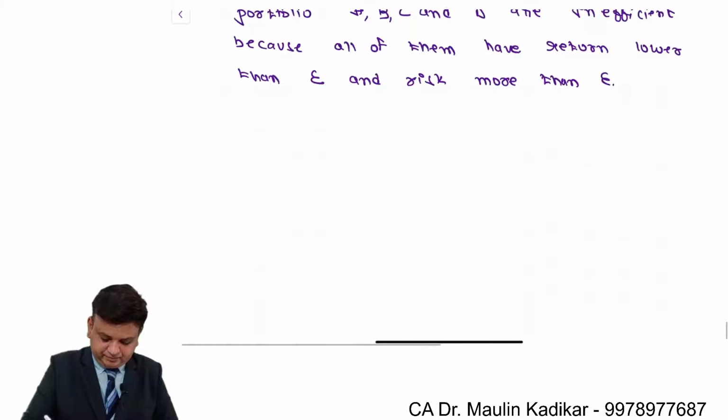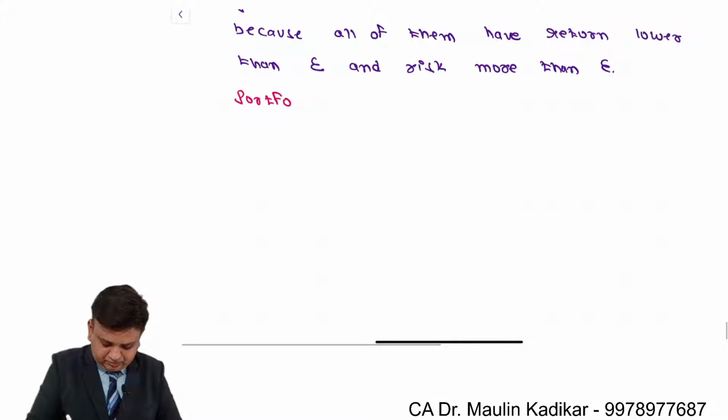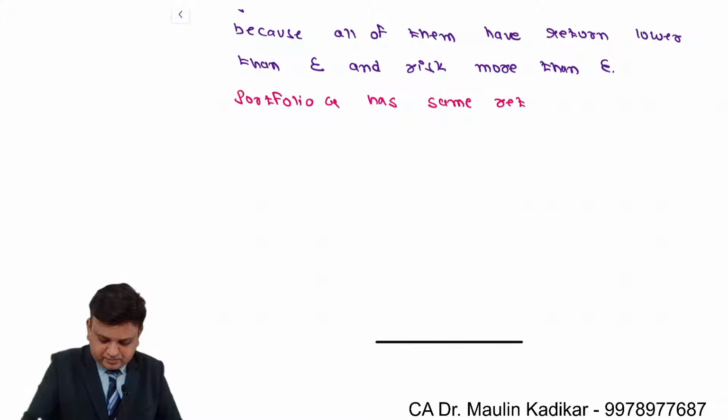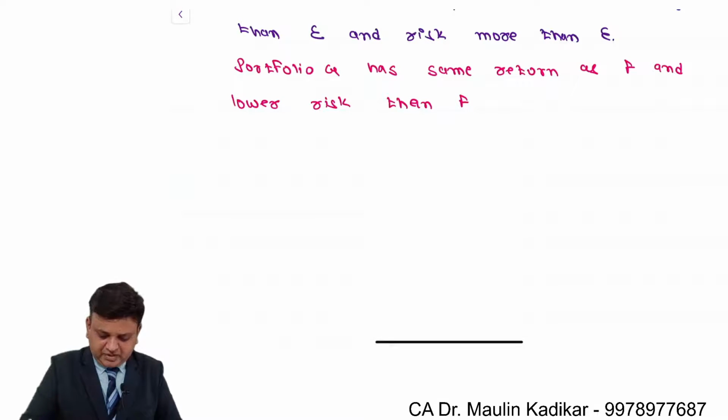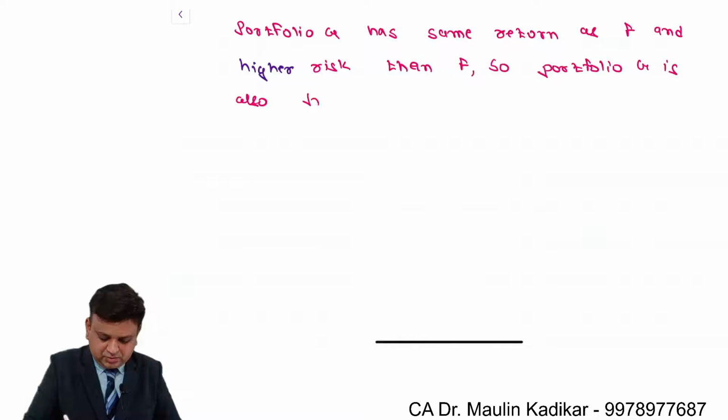In a new paragraph, write down: portfolio G has the same return as F and, I'm sorry, higher risk than F. So portfolio G is also inefficient.